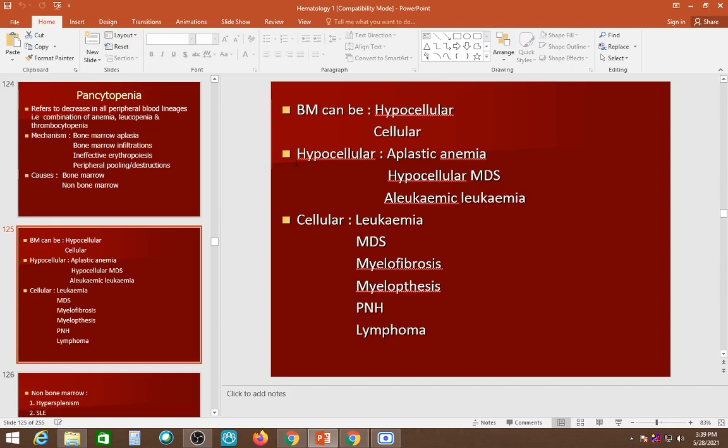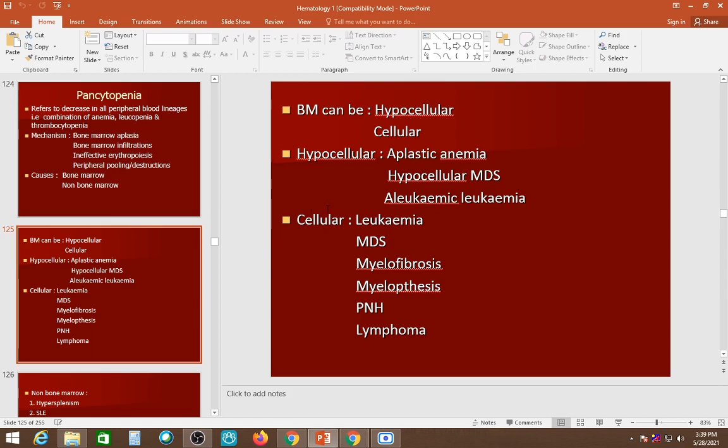Then coming to the hypocellular, what are the causes of hypocellular bone marrow? Usually aplastic anemia is one cause. The second is hypocellular myelodysplastic syndrome, and third is aleukemic leukemia. These are the three causes of hypocellular bone marrow.